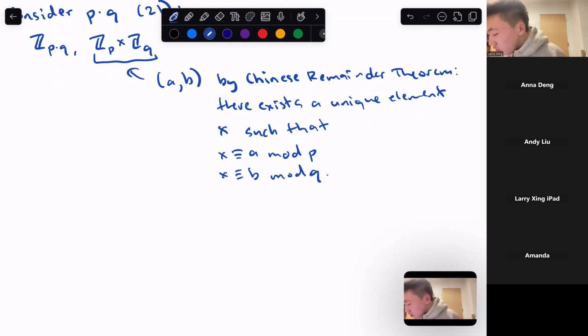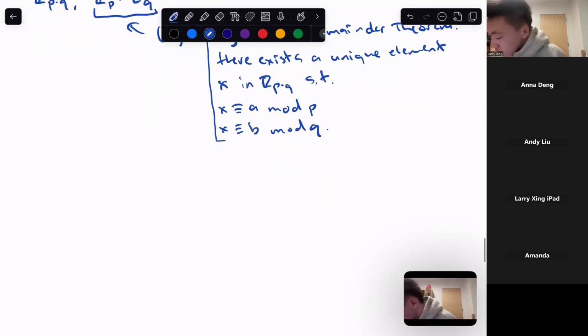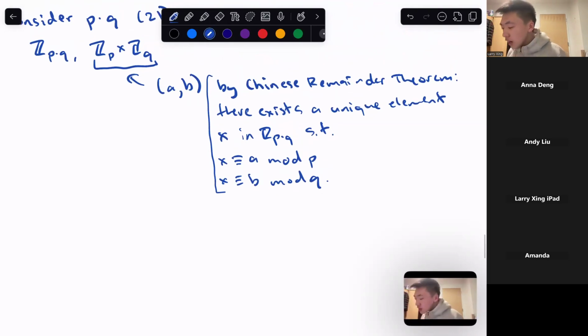This defines an exact isomorphism, right? The unique element X in Z_PQ. This defines exactly an isomorphism.